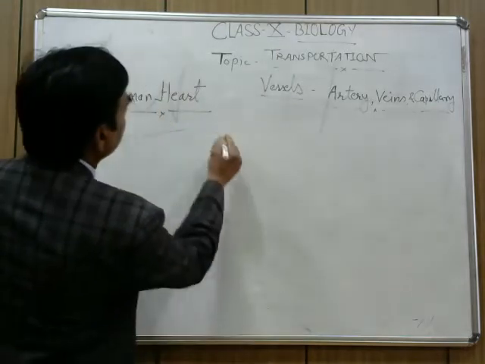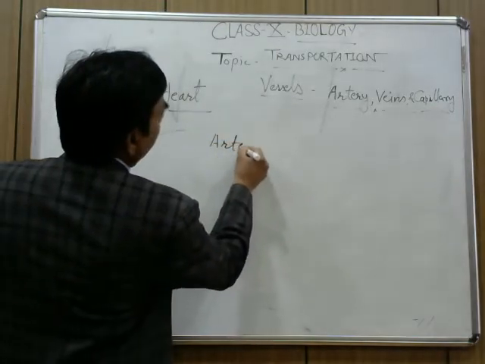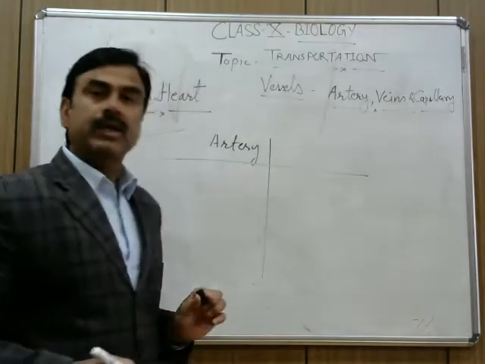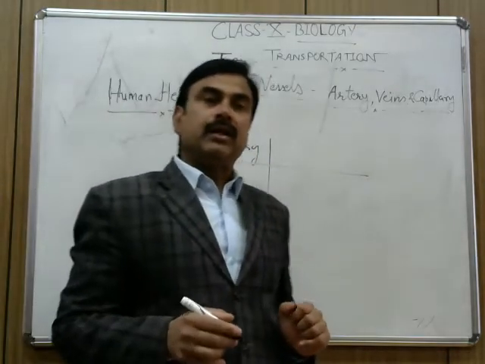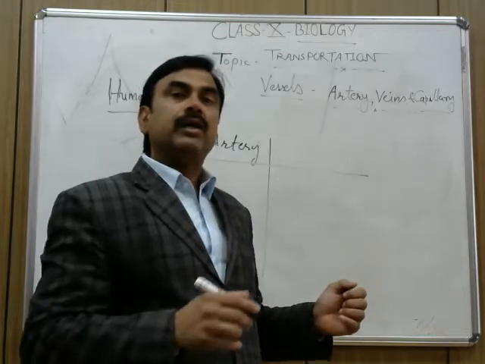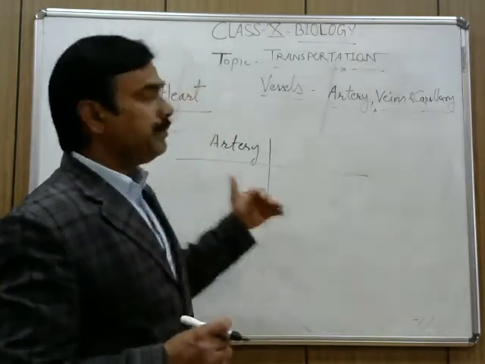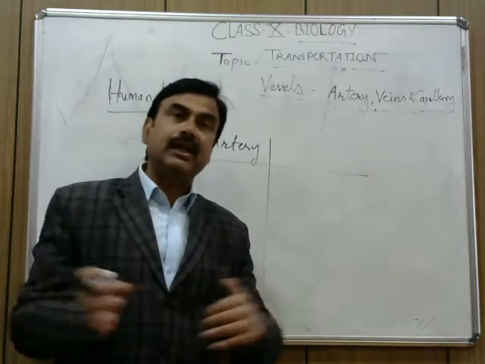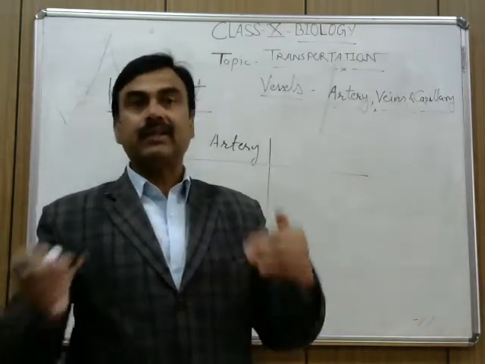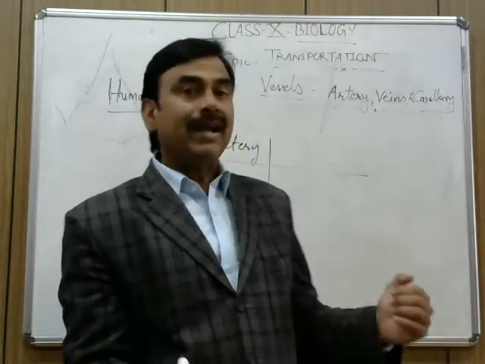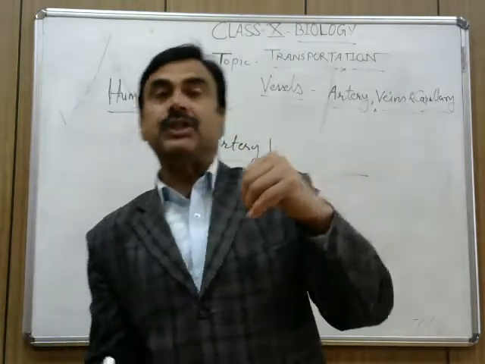Arteries always carry pure blood from the heart to all the parts of the body, and veins carry impure blood. Veins collect the deoxygenated blood from all the parts of the body and bring it back to the human heart.